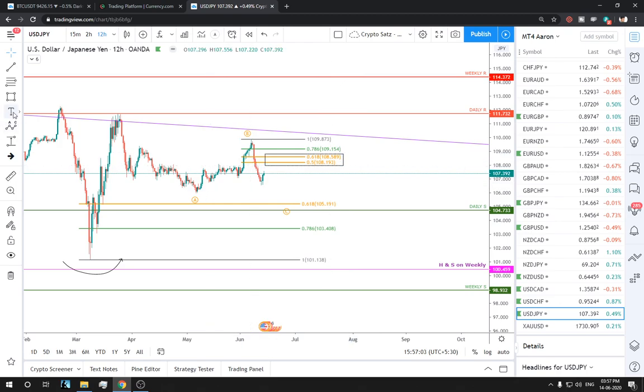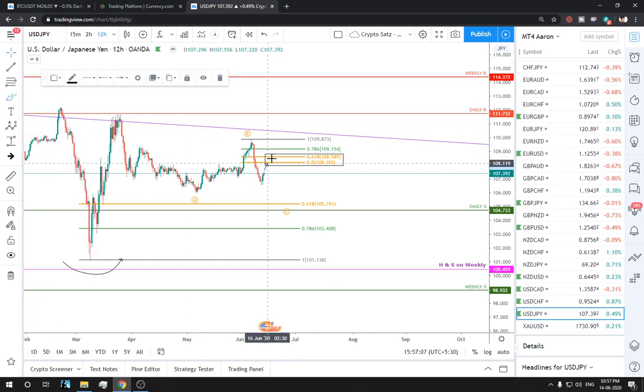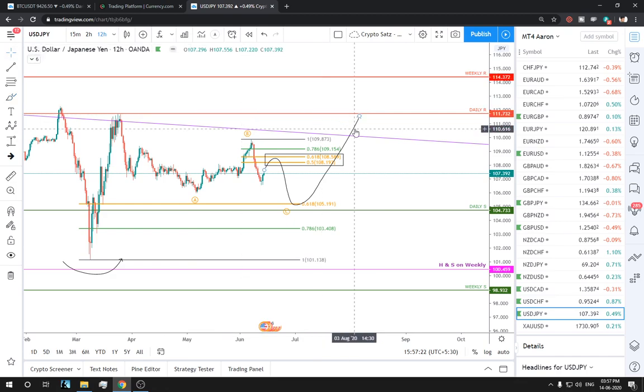So something like this, move up, go down, take the support and then move up and breach this neckline. We are ready to go to this, and if that breaks, we are ready to go up and up and up.